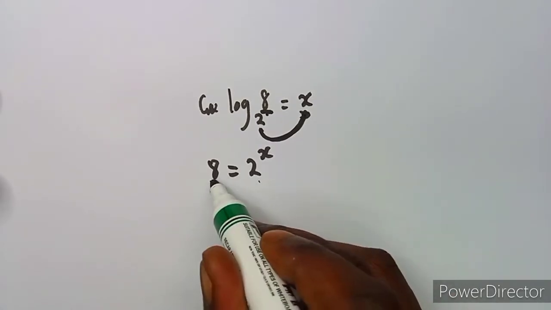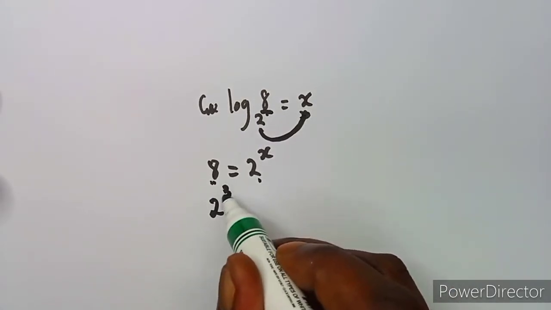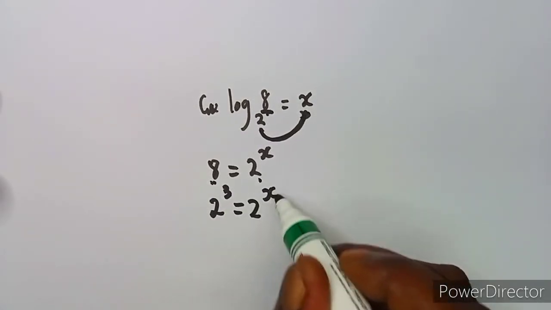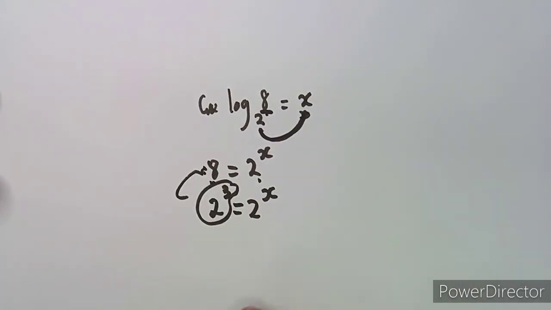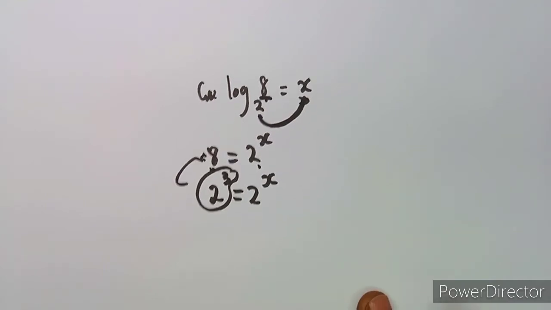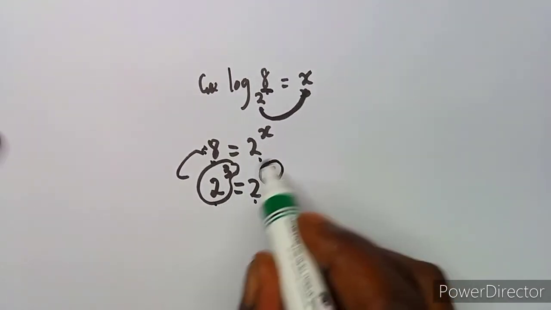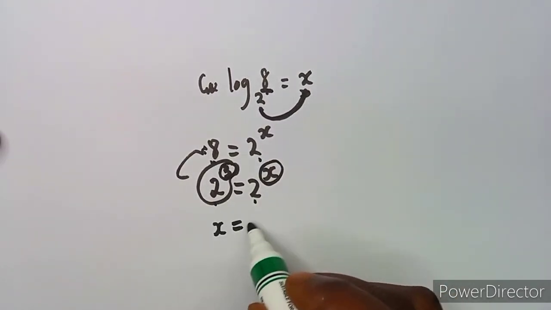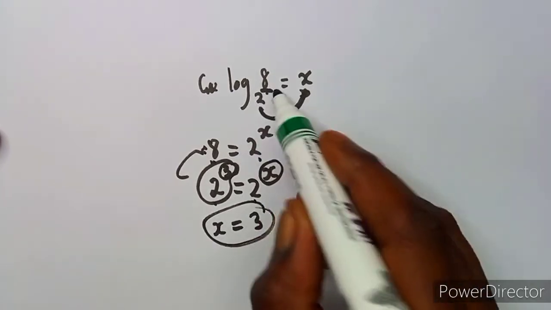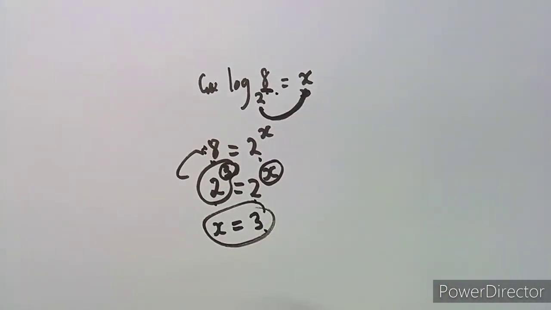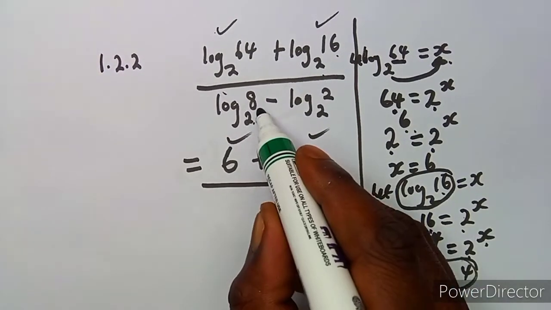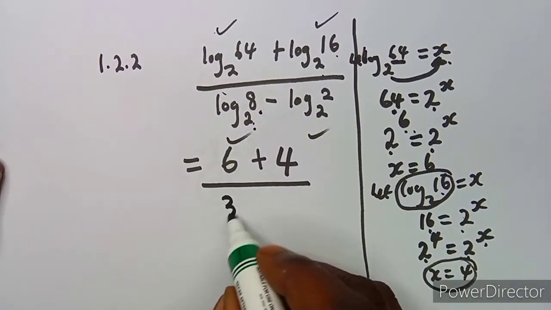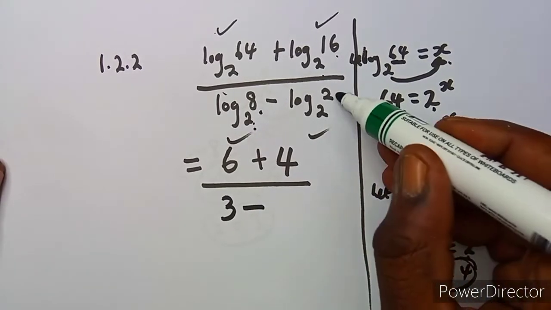Okay, so 8 in base 2, that's 2 to the exponent of 3, which from your calculator is going to give you 8, which means it's one and the same thing. So once the bases are the same, the exponents are the same. So x is equal to 3. So it means log 8 in base 2 is equivalent to 3. So I can substitute here. In place of log 8 base 2, I've got 3 minus log 2 base 2.